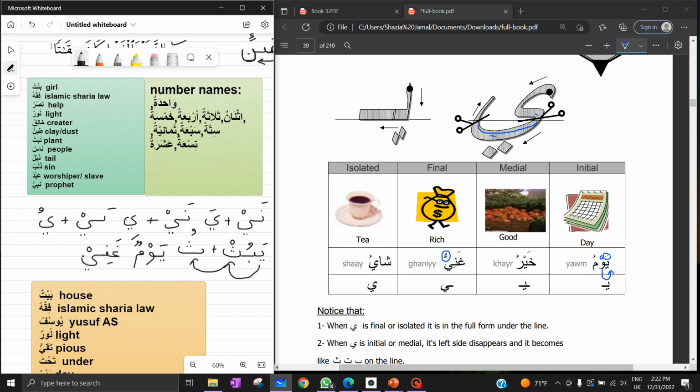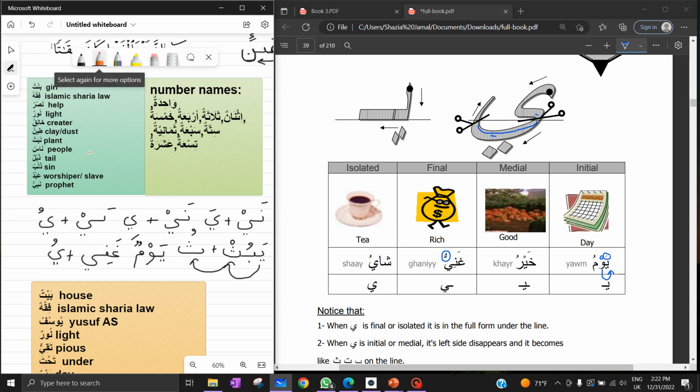The first ya is with, should we put a sukoon? And the other ya is with dhamma. So I want to ask you, should we put a sukoon here or not? Ghaniyun. What happens? Before it there was no sukoon here.